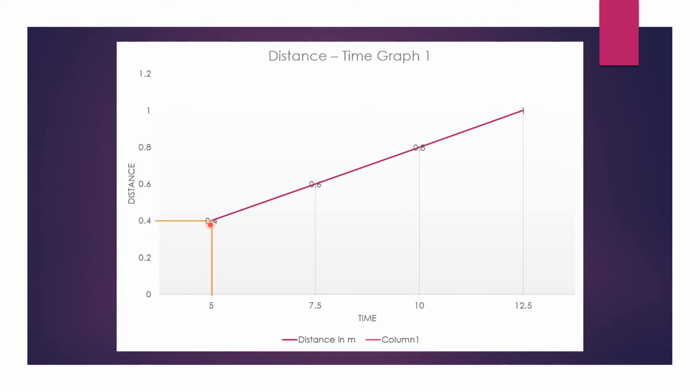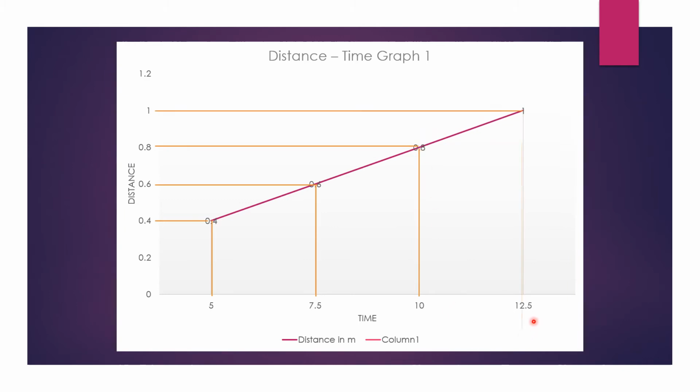So this is the first point. After 7.5 seconds, the object covered 0.6 meters. After 10 seconds, the object covered 0.8, and after 12.5 seconds, the object covered 1 meter.